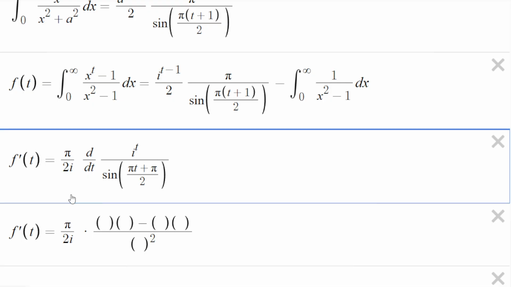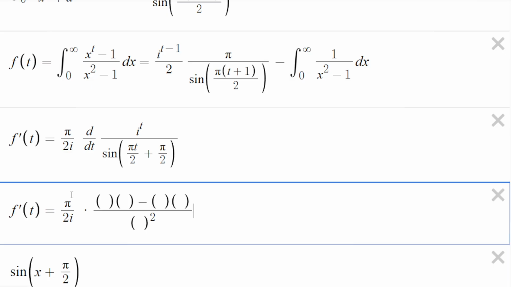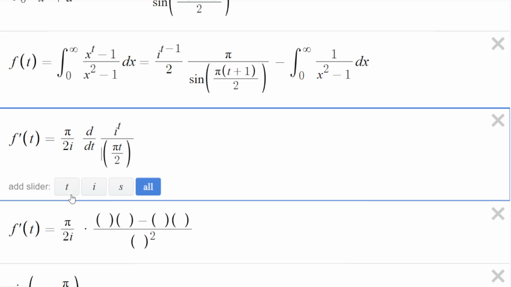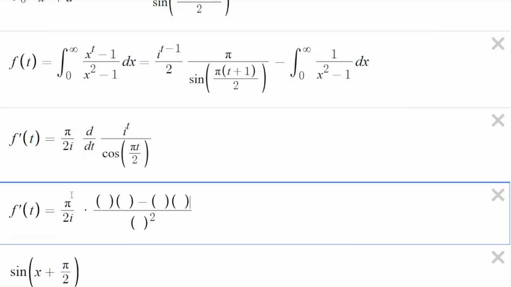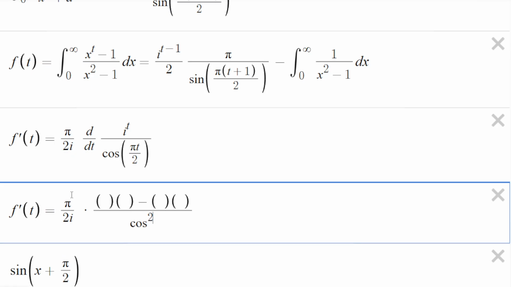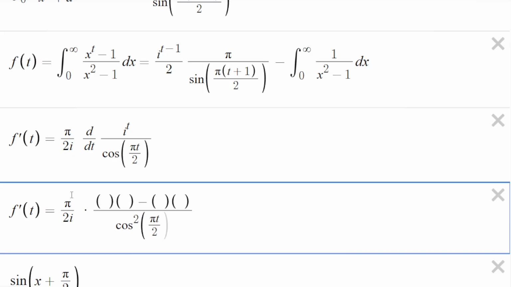So we're going to get plus pi over 2. Well, sine of x plus pi over 2 is just cosine x. So we can just write this as cosine of this thing. All right, so we're going to get cosine squared of pi t over 2 in the bottom.